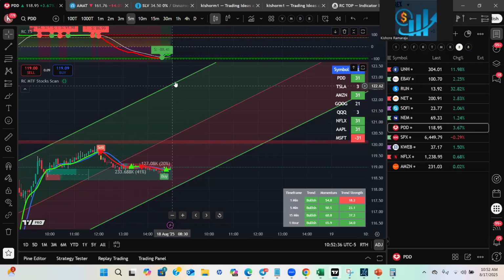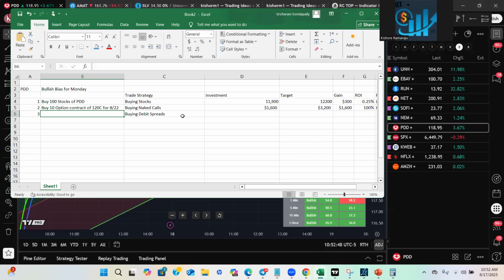But generally it will go up, again come down, again go up, again come down like that. So you feel like it will go up, but maximum it will go till 122. Then that is where to reduce your investment, you buy 118 call and sell 122 call.